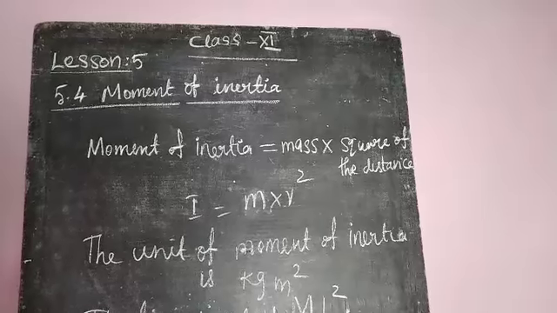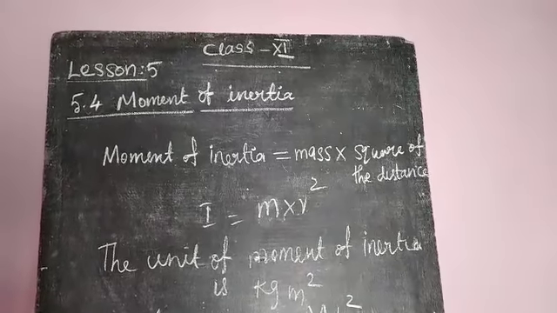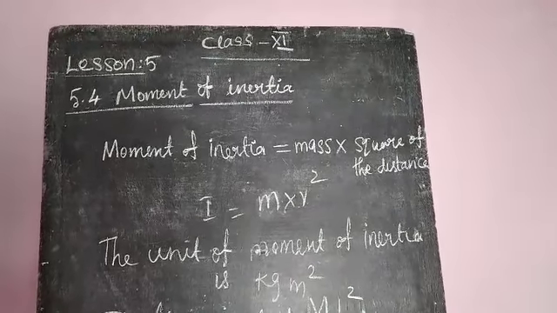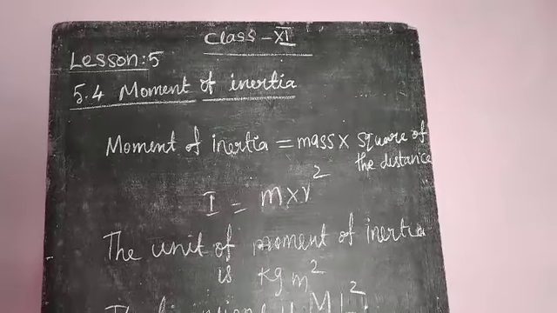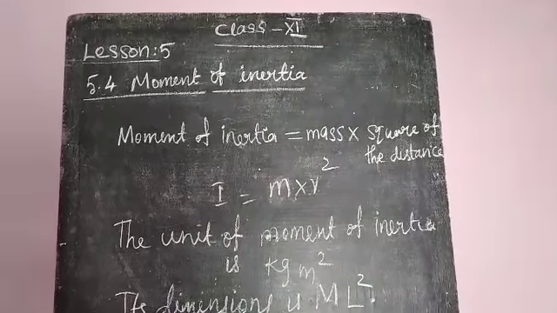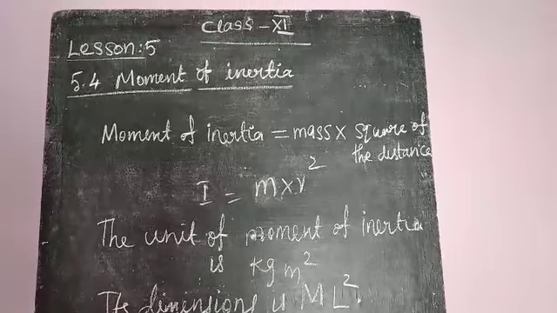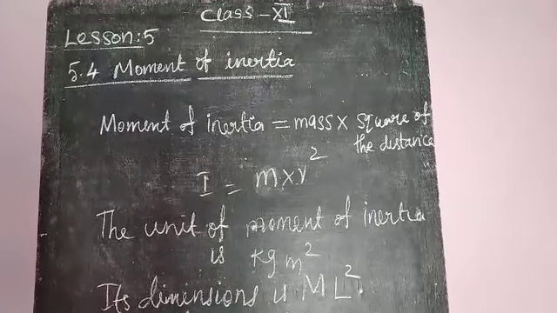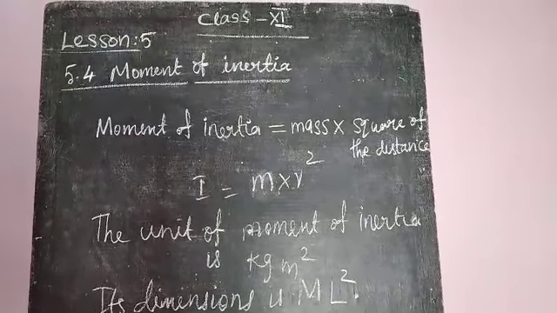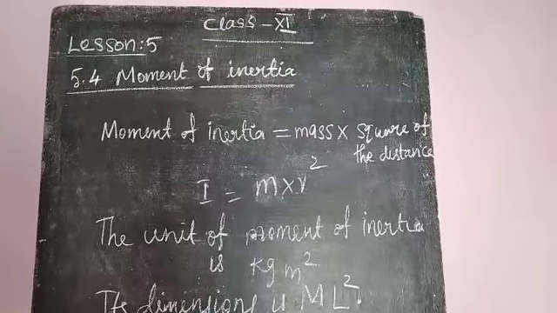In this class, I am going to teach 11th standard physics lesson number 5, content number 5.4, moment of inertia. Moment of inertia is equal to mass into square of the distance.